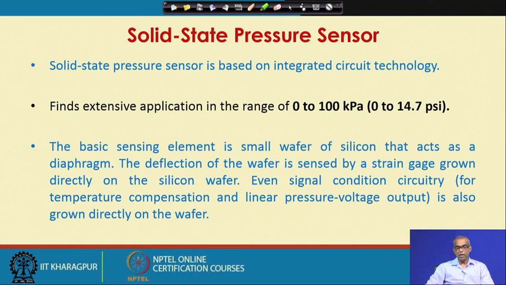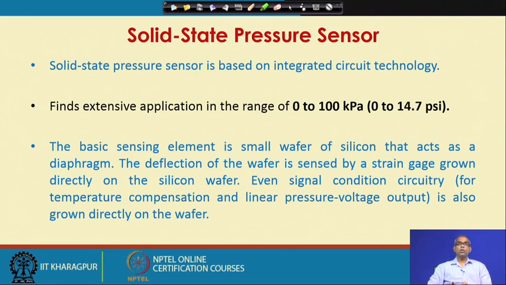The basic sensing element is a small wafer of silicon that acts as a diaphragm. The deflection of the wafer is sensed by a strain gauge grown directly on the silicon wafer. Even signal conditioning circuitry, for say temperature compensation and linear pressure voltage output, is also grown directly on the wafer.